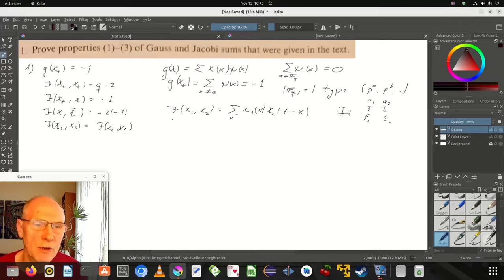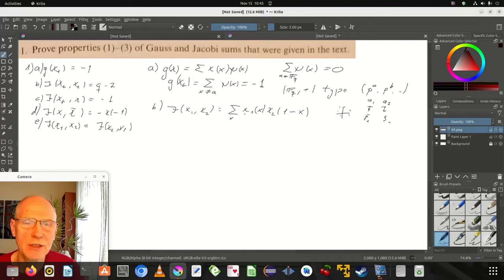And when it's the trivial one, then when x is naught, it vanishes, and when x is 1, the unit element, it vanishes.